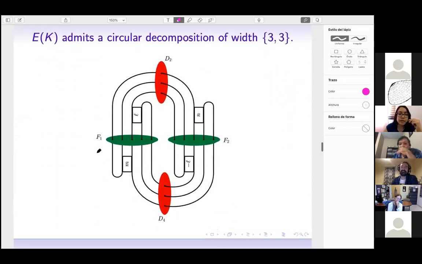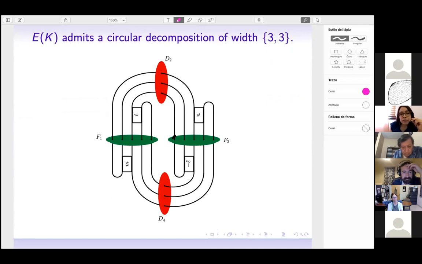Now, let's see that the exterior of our knot admits circular decomposition of width 3, 3. Remember that this is the complexity of the 6th level. So by isotopy of the diagram, we can move in this way.